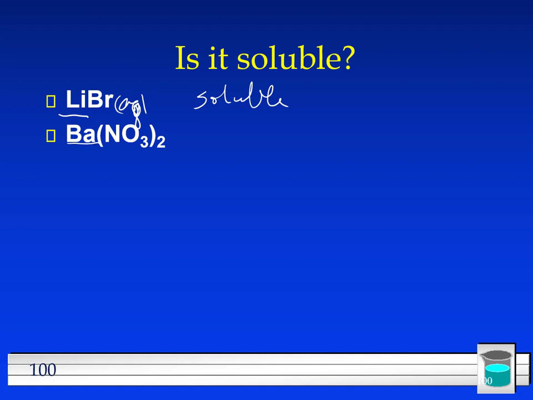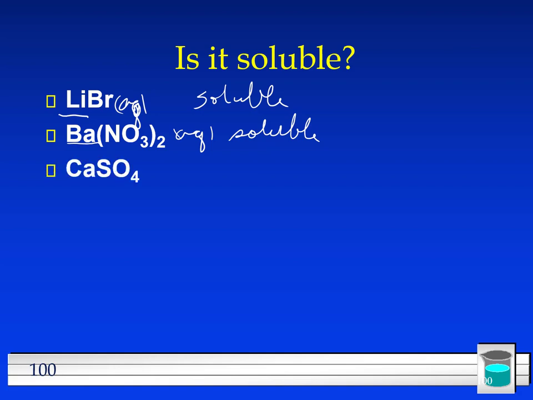What is the negative piece here? The negative piece is NO3, and NO3 is called nitrate. What do we say about nitrates? They are soluble. So that one's going to make an aqueous solution. That one's going to be soluble because it's got nitrate in it. The nitrate makes it soluble. So in the first one, the lithium made it soluble. The second one, the nitrate made it soluble.